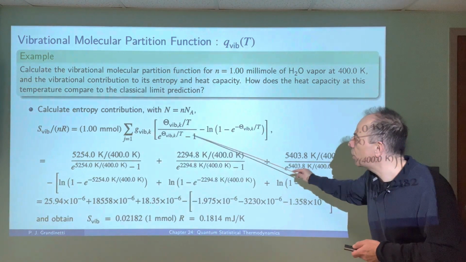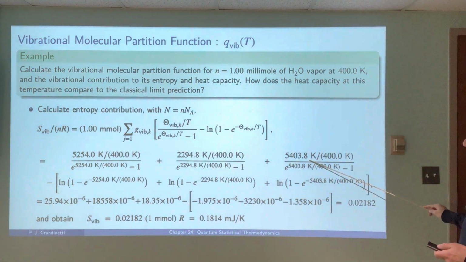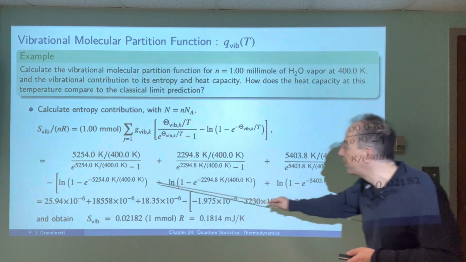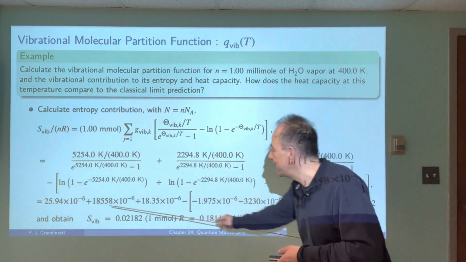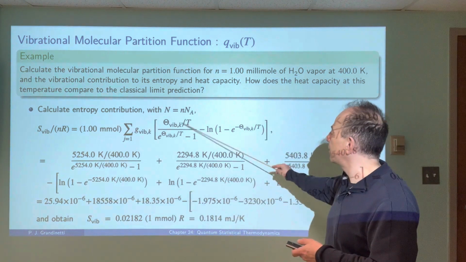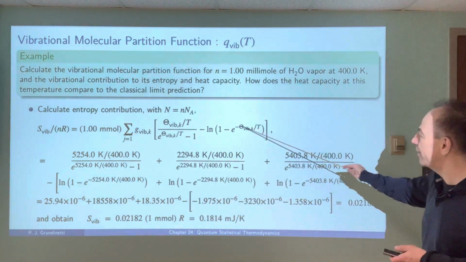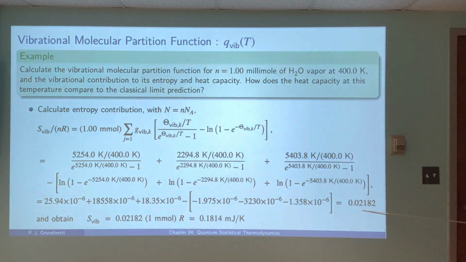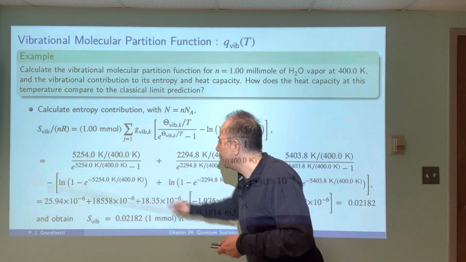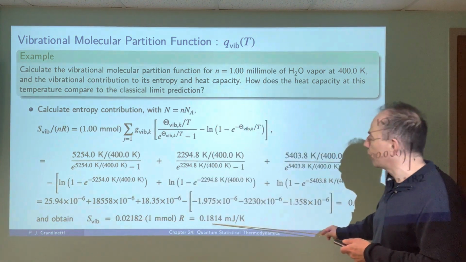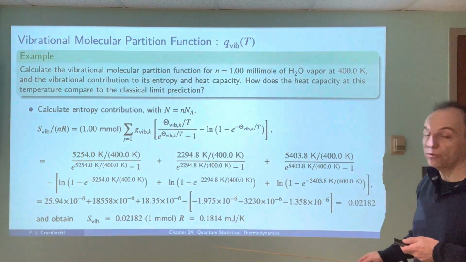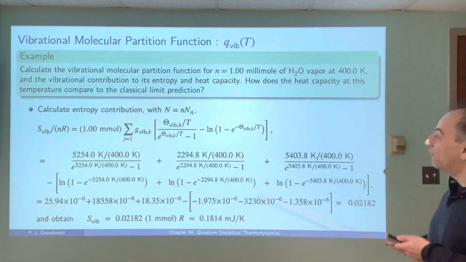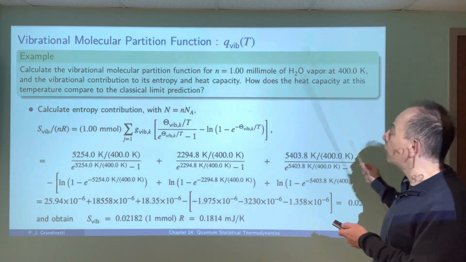I have this term, I've written out 1, 2, 3 for the 3 normal modes, and then this term 1, 2, 3 for the 3 normal modes, and then evaluating these 3 terms are this term, and then these 3 terms are this term, and we eventually get 0.0218, which is our entropy divided by nR. So then we multiply it all through, and we get a contribution of 0.1814 millijoules per Kelvin for the vibrational contribution to water at 400 Kelvin.